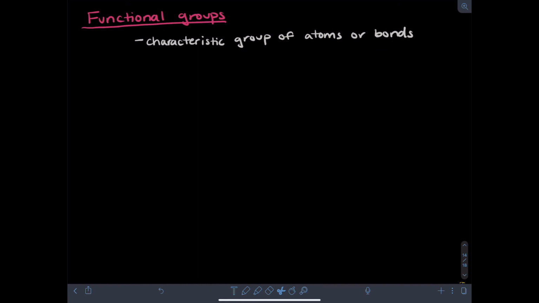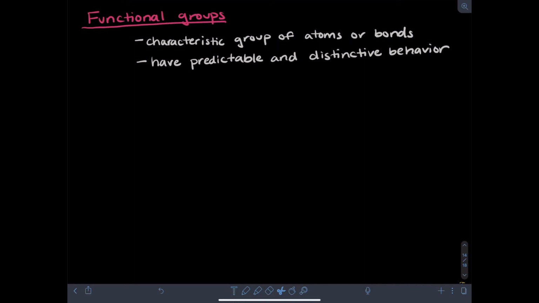I now want to introduce the concept of organic functional groups. The functional group is a characteristic set of atoms or bonds that you find in a molecule. And it's useful to identify these groups because they'll often have predictable properties and distinctive behaviors.